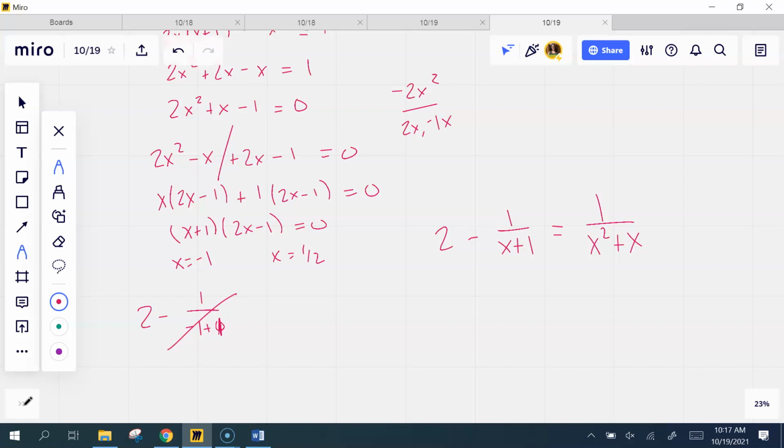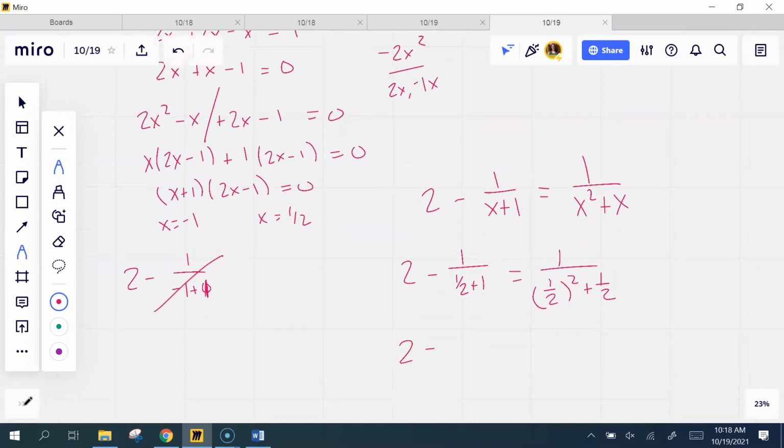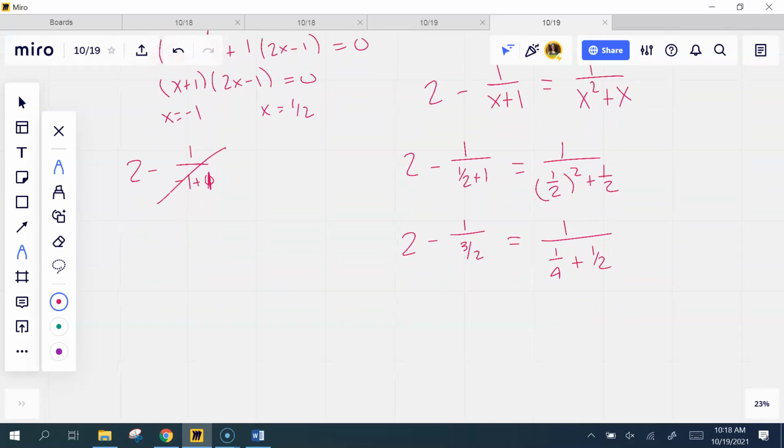1/2: 2 minus 1 over 1/2 plus 1, equals 1 over 1/2 squared plus 1/2. A 1/2 plus 1 is 3/2. So this is 2 minus, if I'm 1 over a fraction, what do I do?